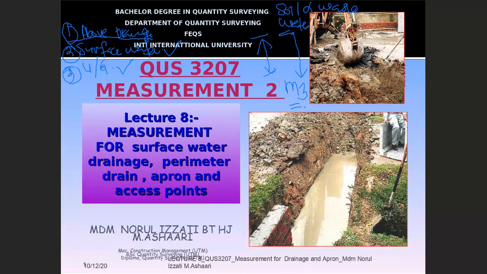What is your first impression when we talk about drainage? What is your first impression, Ian? Is Ian there? Or maybe you would like to share anything about the drainage? When we talk about drainage, basically we are referring to continuous construction, right?